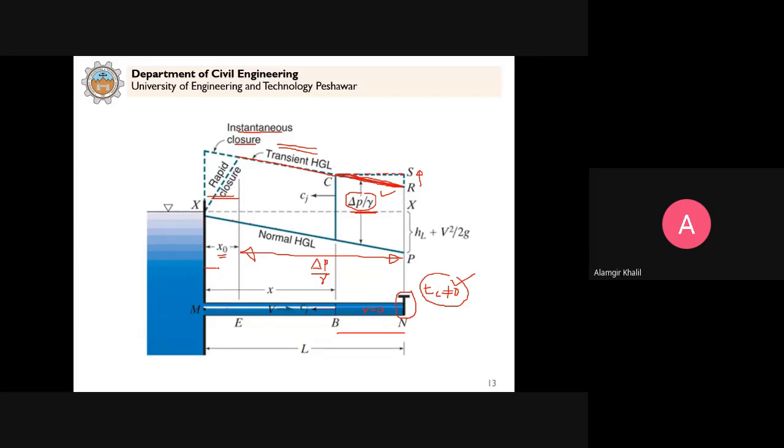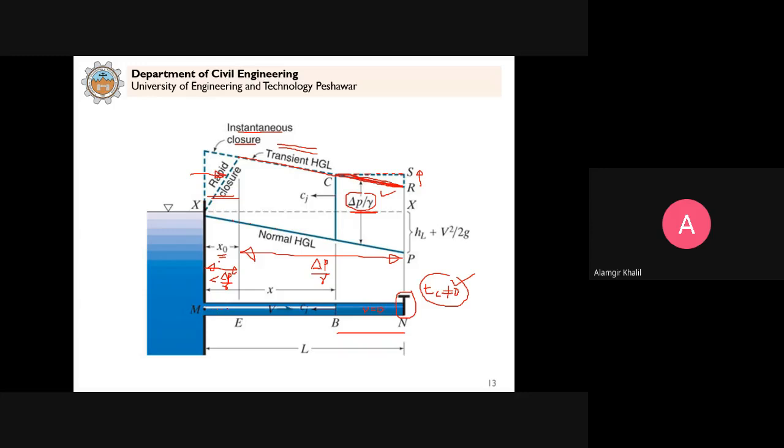But all the points here less than x naught will experience a pressure increase less than delta P by gamma. What is the reason? The moment it tried to reach the maximum value, the unloading pressure wave has returned and does not allow it to reach the maximum value.